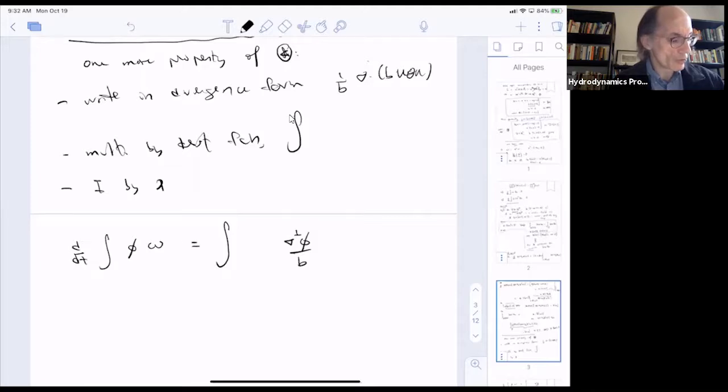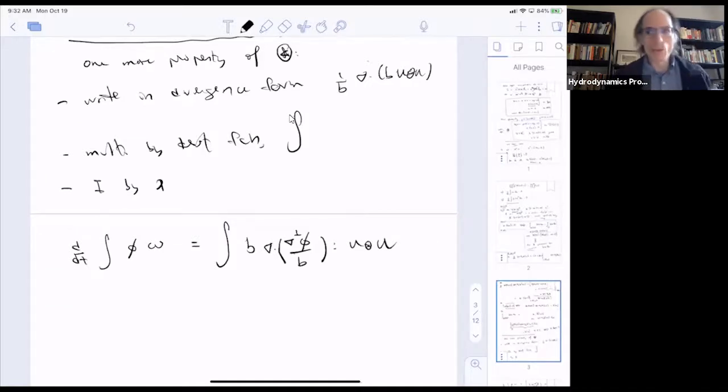Grad perp phi over b, the divergence of that, times b and u tensor u. Okay, and so this is a 2x2 matrix with ij entries, and so this means I multiply the ij entry by ui uj and integrate.